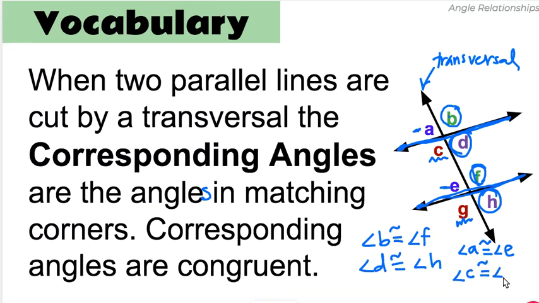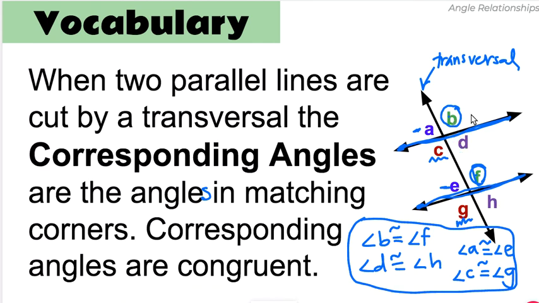Angle C is congruent to angle G. Definitely add these statements to your illustration so that you can see. The other thing, if you have different color pencils or markers, I would label the matching angles so that you can visually see what corresponds.